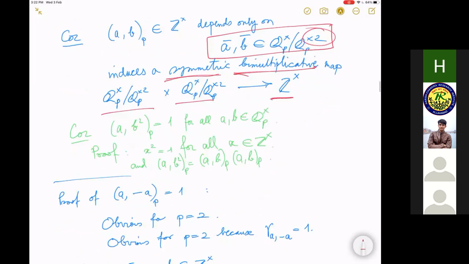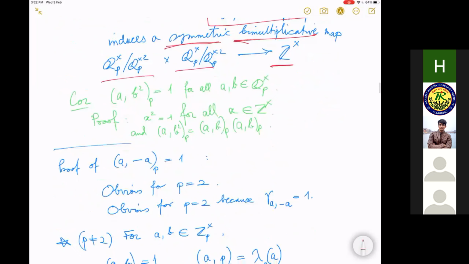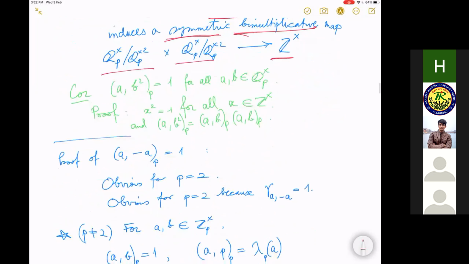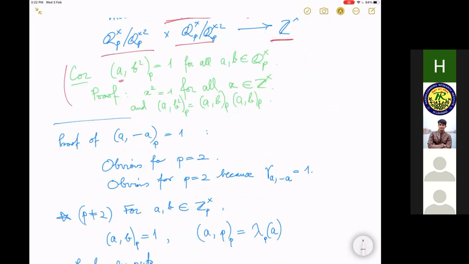So I've made this thing more explicit here, that if I have A and B squared, then (AB squared, P) is always equal to 1 for any AB in Q_P star. That's because of multiplicativity, right?